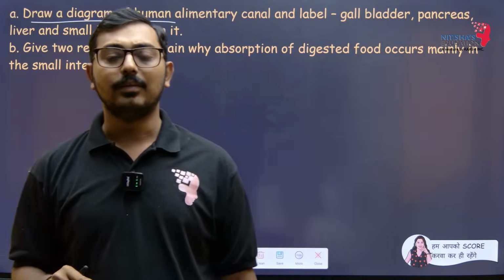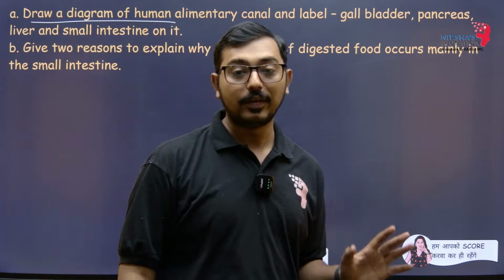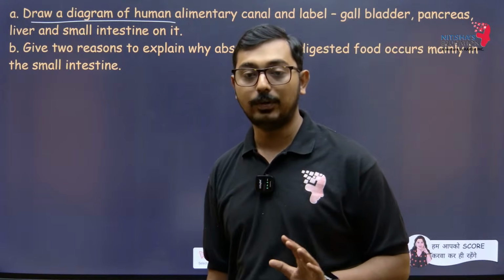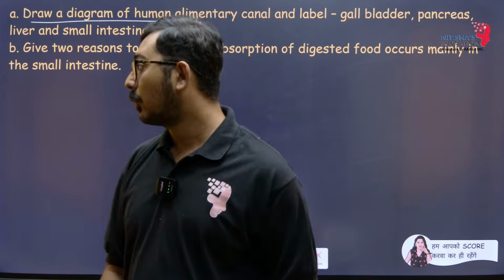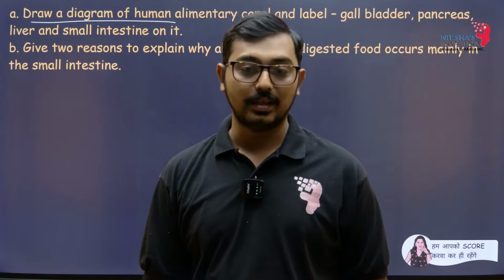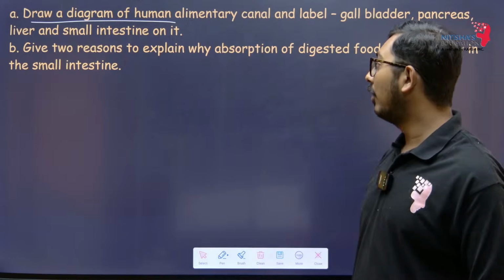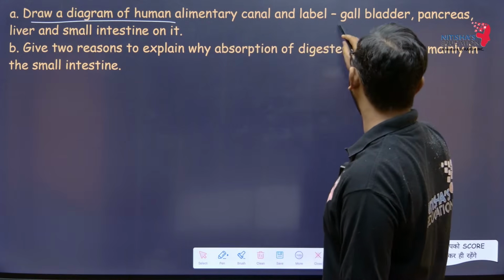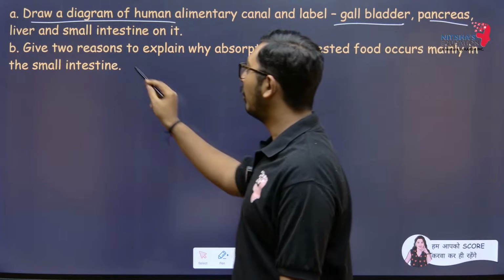And the labeling of each and every part should be known by you. Hence this question has been considered. So draw the diagram of this alimentary canal, and then using it, you need to have the labeling of liver, gallbladder, pancreas, and small intestine.